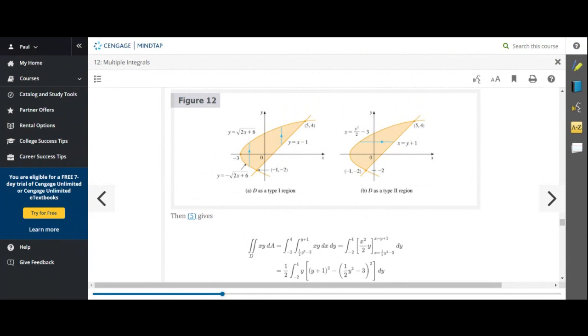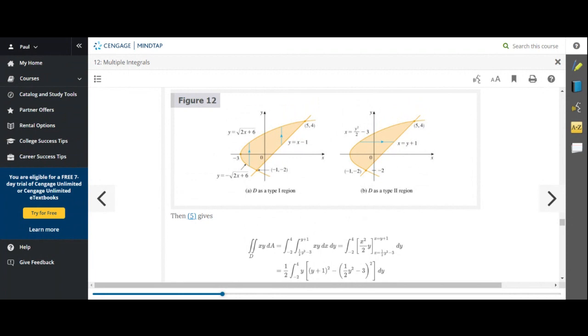So first of all, are there any questions on this example 3? All right.